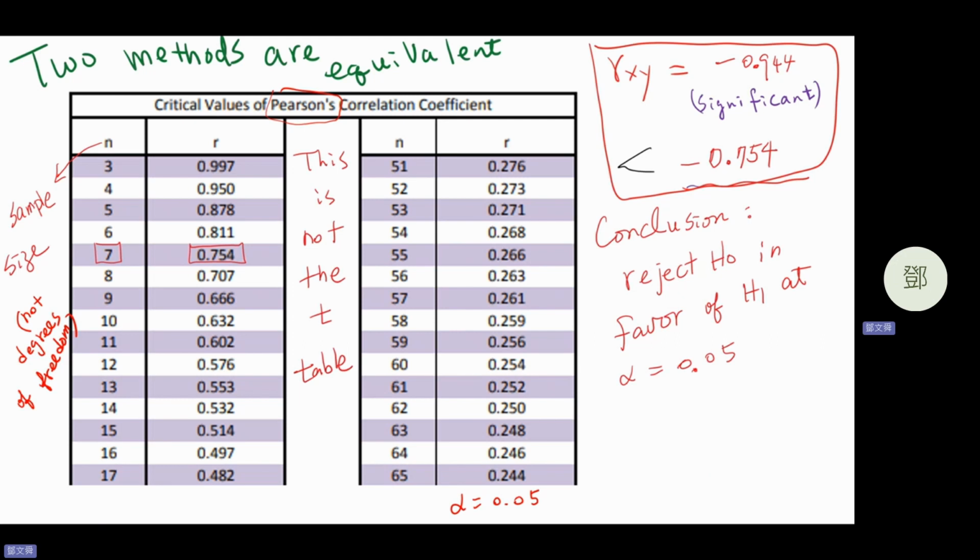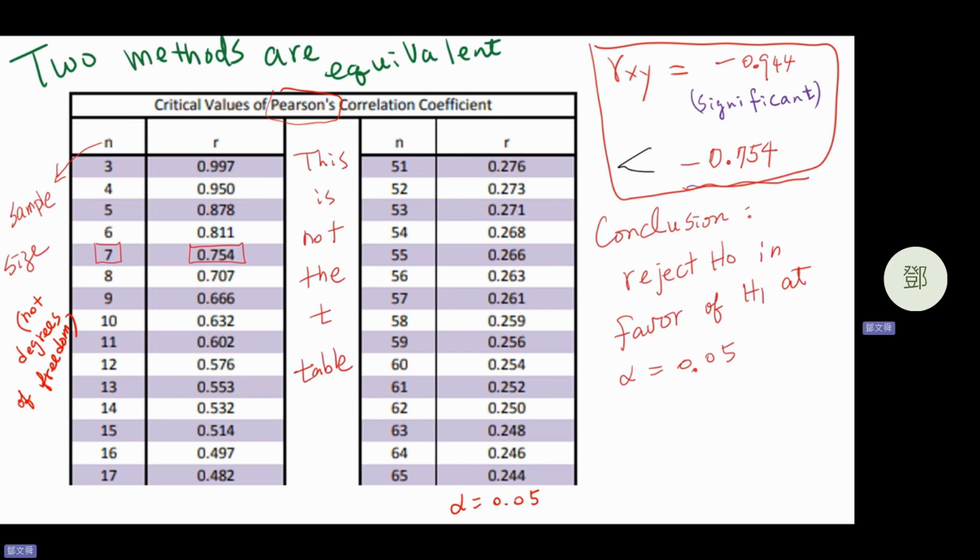This table is exclusively for this level of significance, 0.05. Is there a table for other values of the level of significance? Yes, we will see later, but I don't want you to get confused.